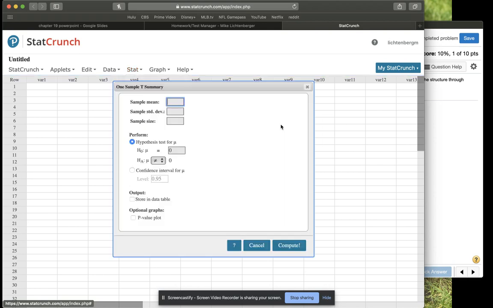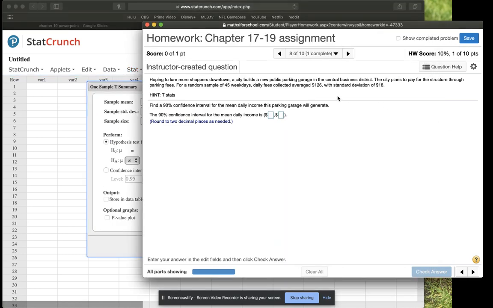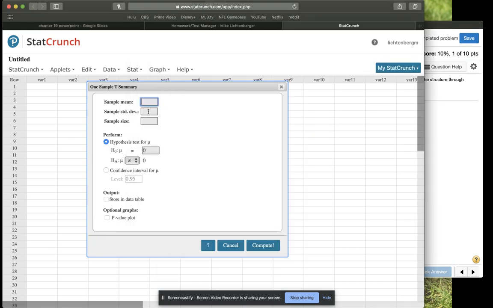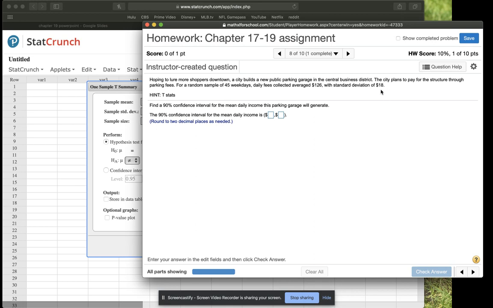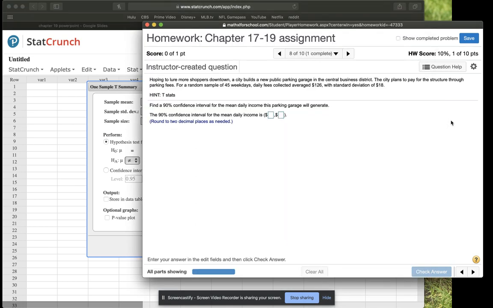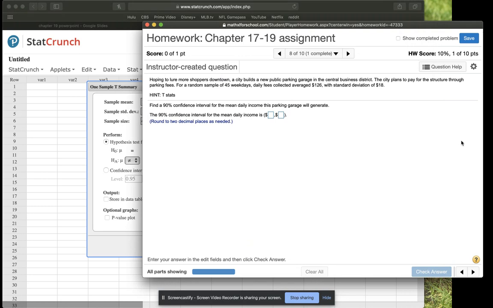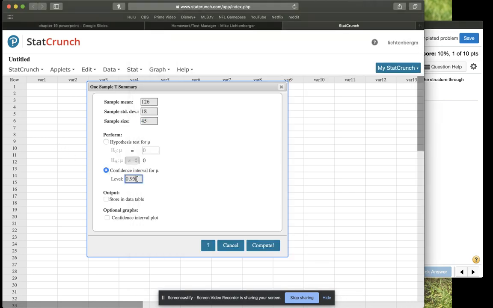Our mean was $126, our standard deviation was $18, and our sample size was 45 weekdays. We want a 90% confidence interval, so I'm going to change that to 0.9.